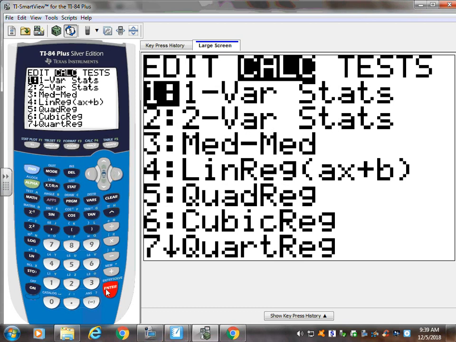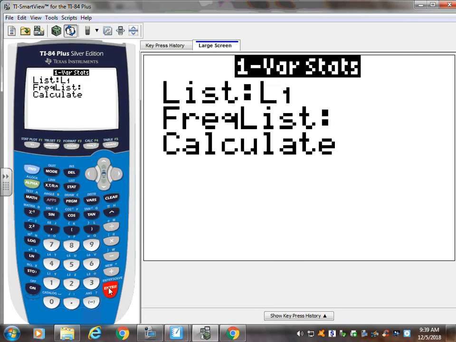So we're going to hit number one, and it asks you, where's the data? Now, if you have an 83, you have to type L1 in because you don't get this list. An 83 would make you have to press second and 1 to get the L1 to be next to whatever's written on your screen. But for us, L1's already in there because that's the standard one. So just go down and hit calculate.